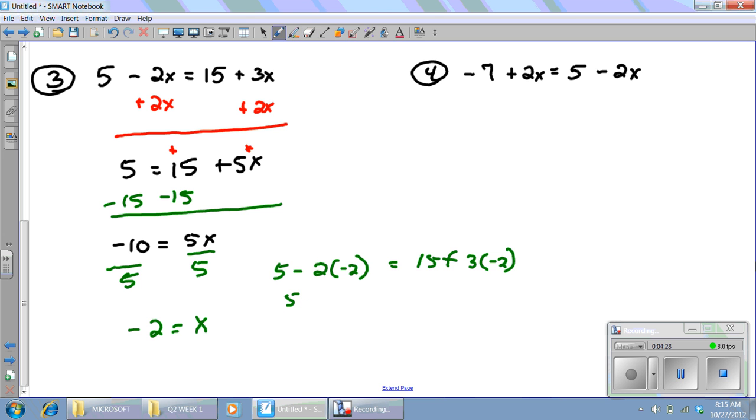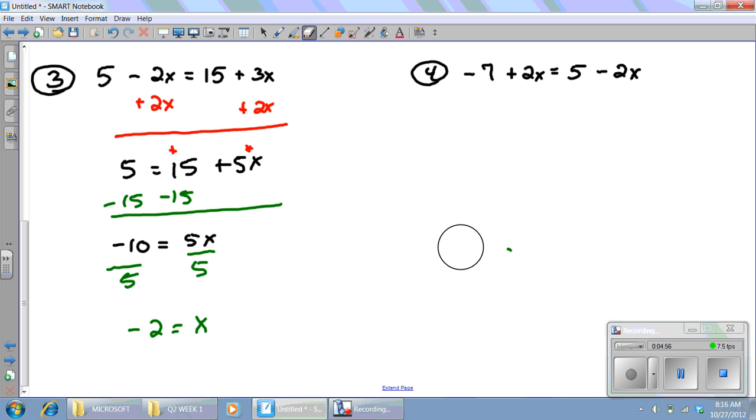The left-hand side will be 5 minus negative 4, which becomes 5 plus 4, or 9. The right-hand side, pick your milk up, please. The right-hand side will become 15 minus 6, and 15 minus 6 is 9, and there you go, it checks. I don't want you ever to erase your check, but I'm going to.